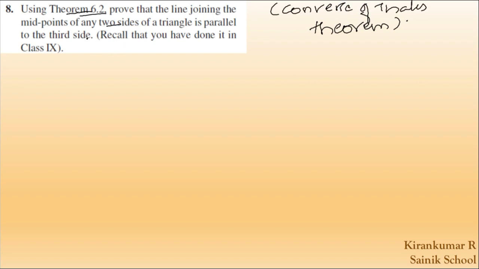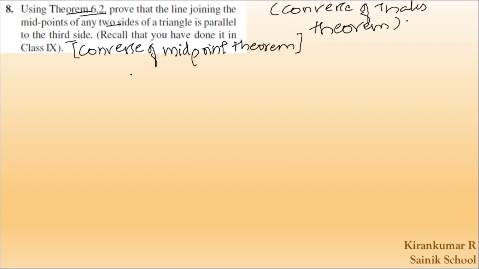This concept also we have learned in class 9th. This is the converse of midpoint theorem. So using Thales' theorem, we can prove midpoint theorem, and using the converse of Thales' theorem, we can prove the converse of midpoint theorem.